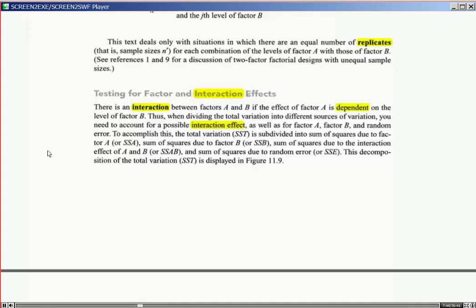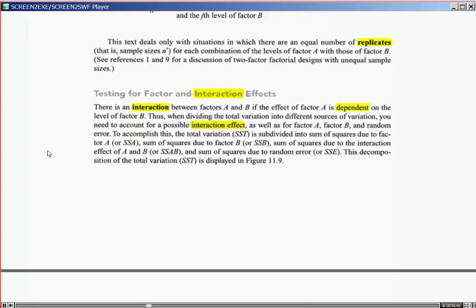To accomplish this, the total variation, SST, not variance, it's variation, is subdivided into sum of squares due to factor A, SSA, sum of squares due to factor B, SSB, sum of squares due to the interaction effect of A and B, or SSAB, and sum of squares due to random error, SSE.